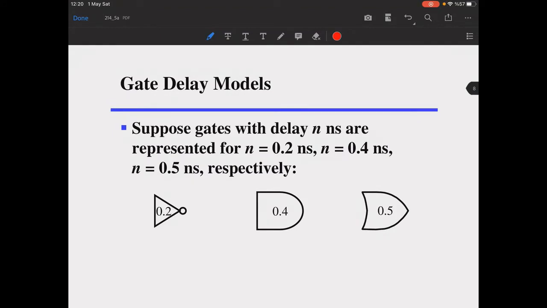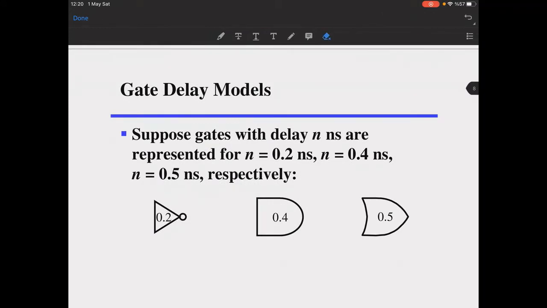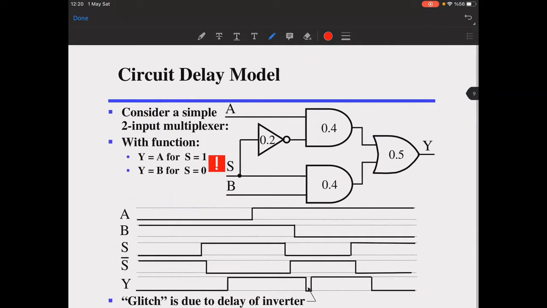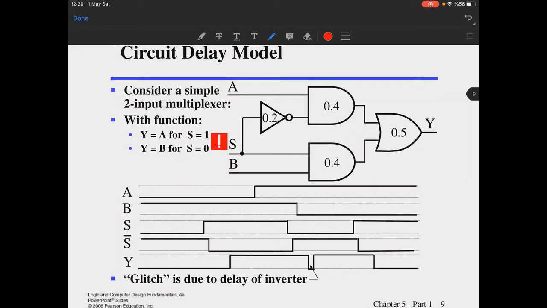And this is an example, suppose that our gates have different delays given here respectively: 0.2 nanoseconds for the inverter, 0.4 for the AND gate, and 0.5 nanoseconds for the OR gate. If you have a circuit like this, it is in fact a simple 2-input multiplexer.